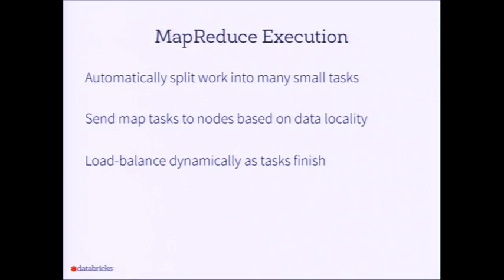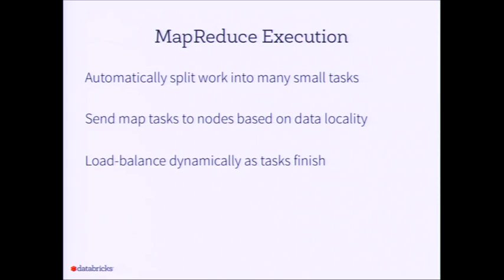I'm going to go to the more execution part. Given the map and the reduce, a very restrictive programming model with only two functions to define, the MapReduce framework, the engine itself, can automatically split a big job into multiple smaller tasks. You send the tasks to nodes, scheduling for locality.